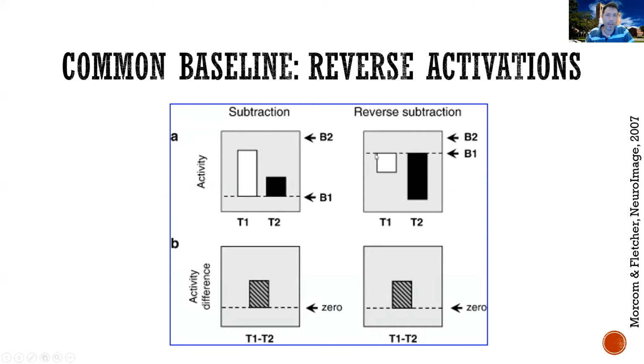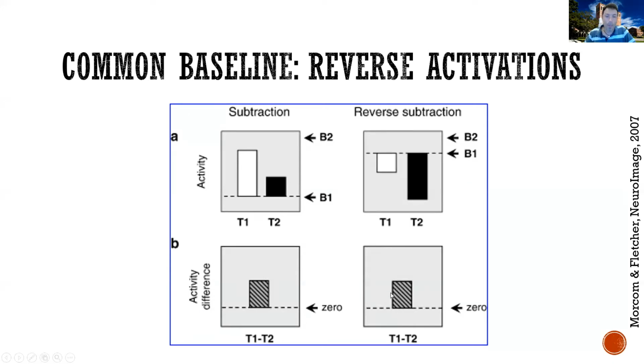Okay, the dashed line here is just looking at the blank screen. So when you look at pictures of faces, this part of the brain actually has an even smaller BOLD signal compared to looking at nothing. However, when you look at scrambled images, this part of the brain has an even smaller BOLD signal compared to staring at the blank screen. So when you do this minus this, you still get a positive number.